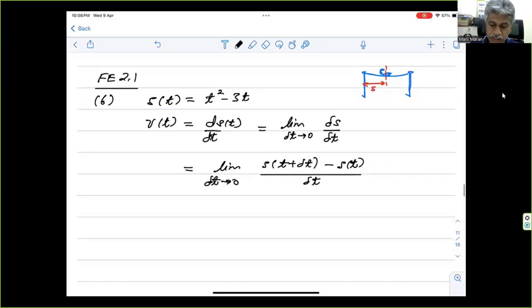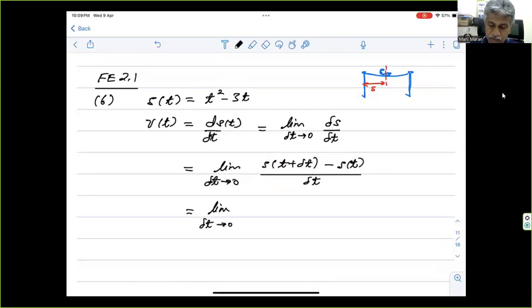Okay, so the rest is just substitution and then calculate based on the formula given to you. So in place of t, replace it by t plus delta t. So you still have this limit there, limit delta t approach 0.